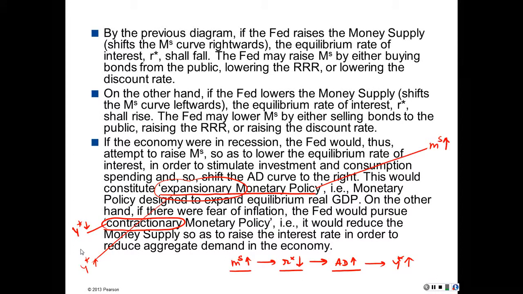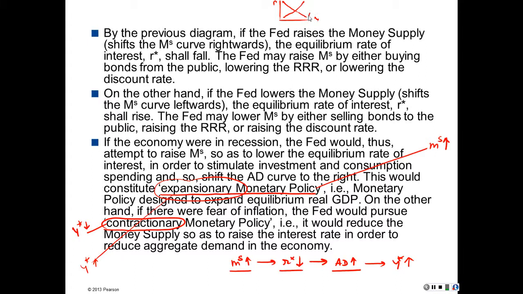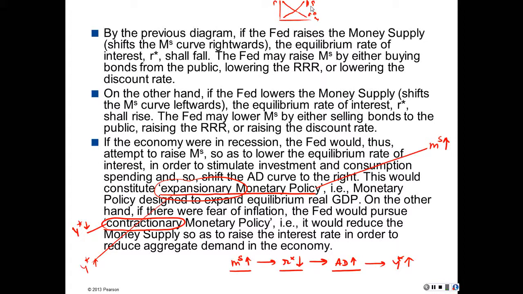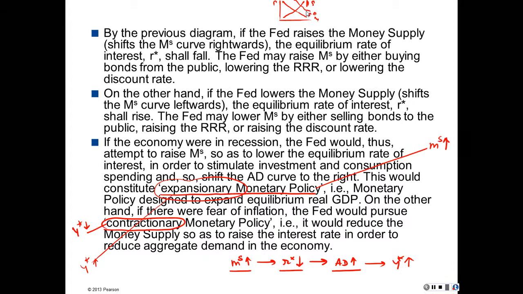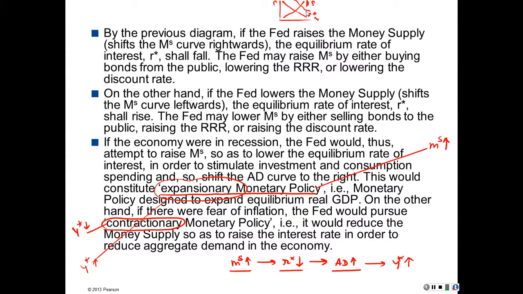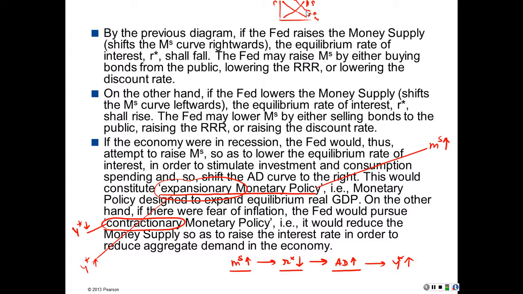Because you see, in the goods market, AD and AS. If the AD curve shifts to the right like that, we have a rise in the equilibrium price level, as you can see. And that's inflation. So if you have a situation where the AD curve has been shifting to the right very rapidly, this would result in high demand pull inflation.